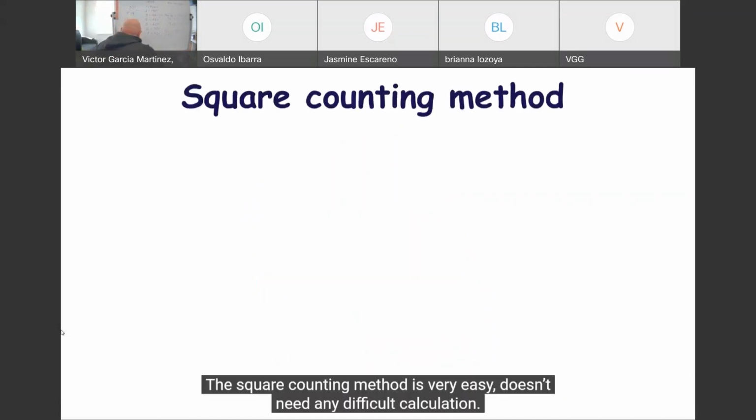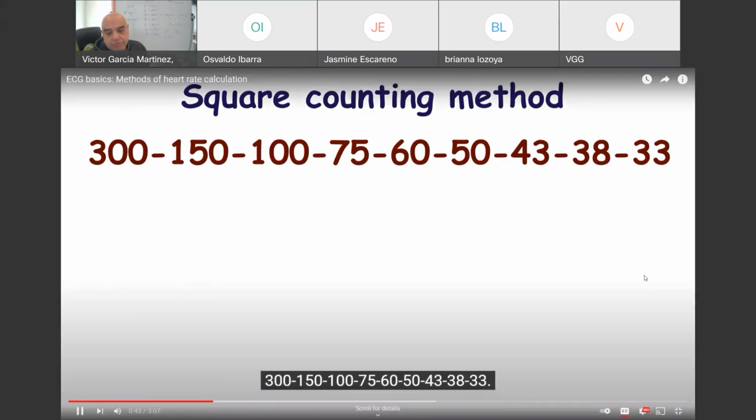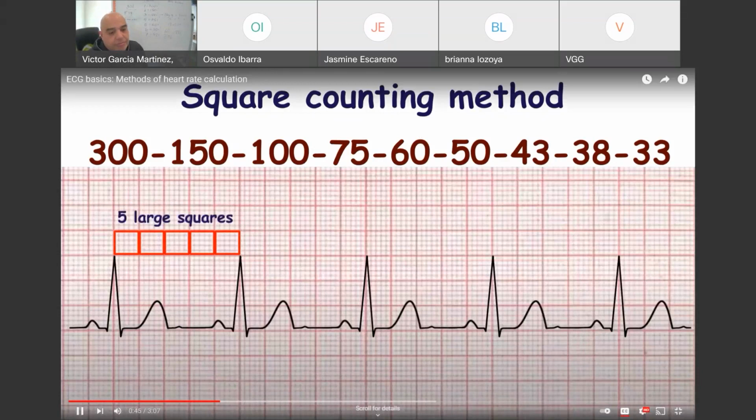The square counting method is very easy, and it doesn't need any difficult calculation. When ECG is recorded with a speed of 25 millimeters per second, you should use the sequence 300, 150, 100, 75, 60, 50, 43, 38, and 33.